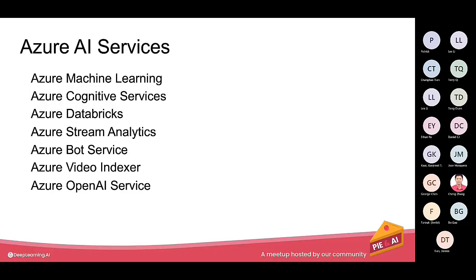Here we compile a short list of typical Azure services that are related to AI. So the first one is machine learning. It's more like a studio where you can connect the system to your data sources, not only databases, but maybe other kinds of data storage. And you can choose different kinds of machine learning algorithms and then use the data to train those so-called machine learning models.